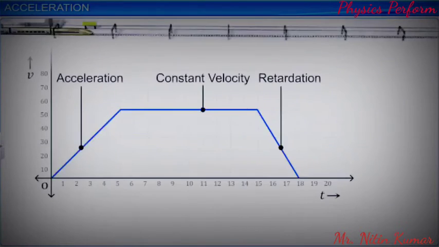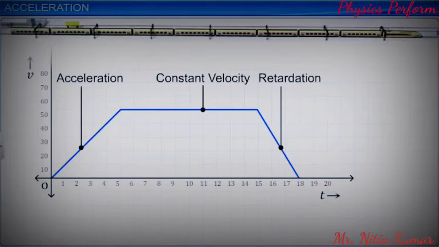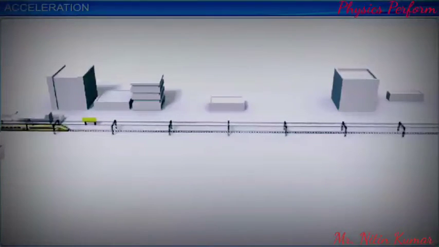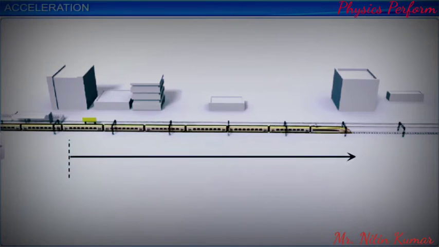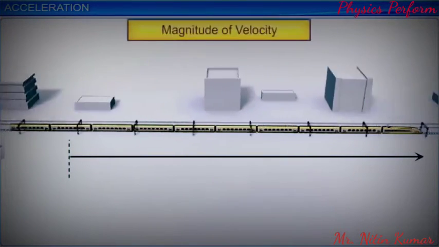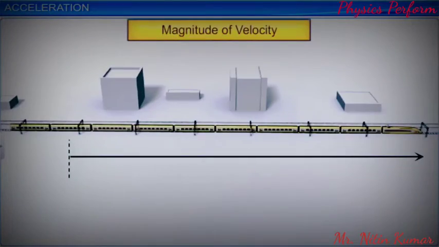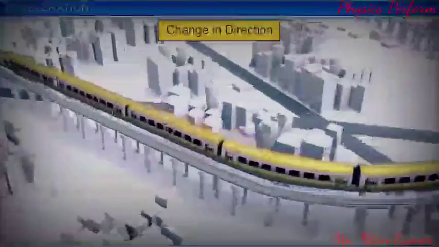Like velocity, acceleration is also a vector with both magnitude and direction. The acceleration of a body can change with either a change in the magnitude of its velocity or change in the direction of its velocity, or both.